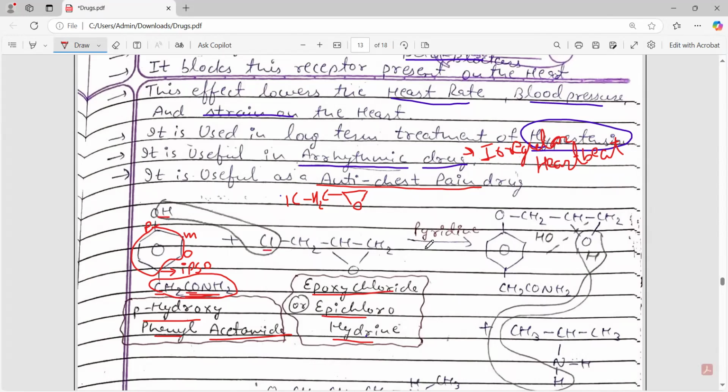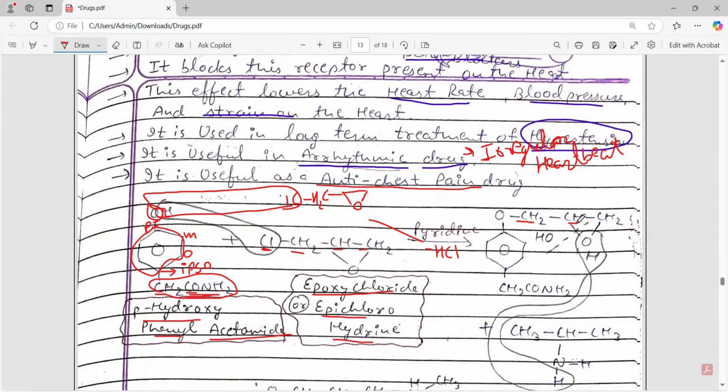So elimination of HCl takes place in the presence of pyridine. Here H and Cl will be removed like this. Oxygen is directly attached with the CH2 CH CH2 O, as you can see.